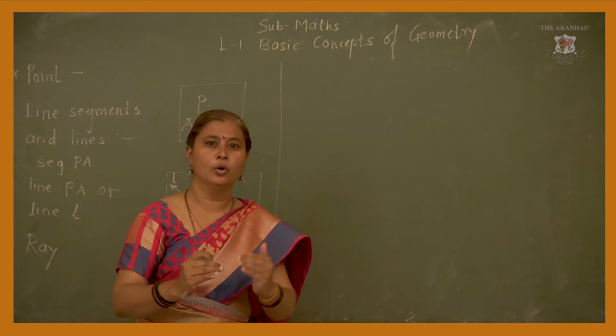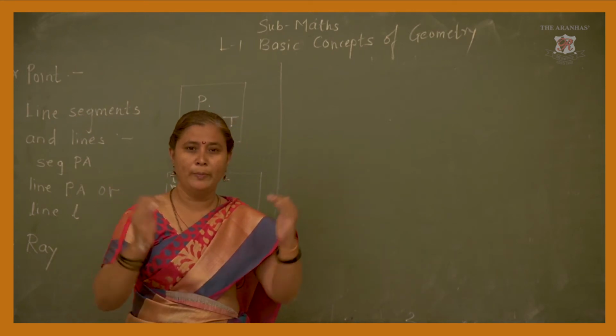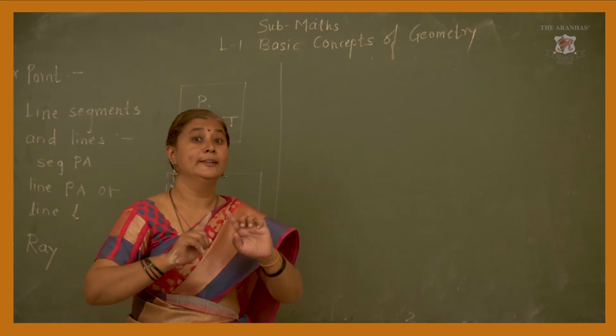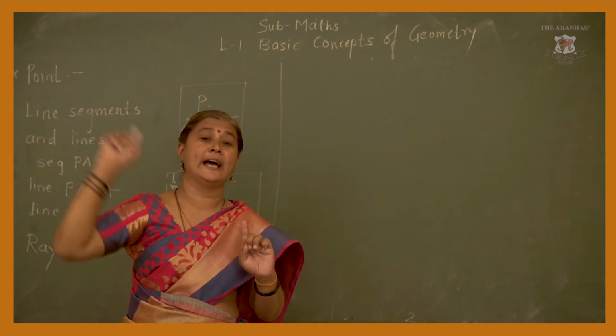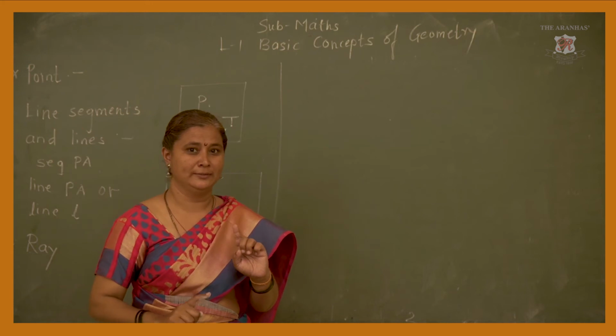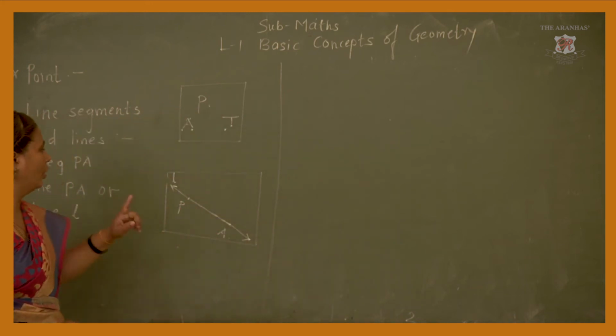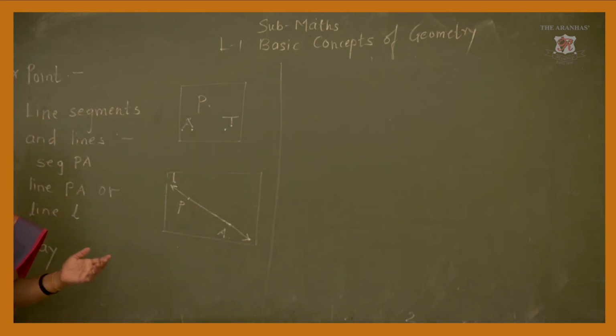The sun rays go in a straight single direction, in one direction. Okay. So that is called rays. And another example is also torch. When you switch on the torch, that time the light also goes in one direction. It can't reflect again. Okay. So that is called rays.